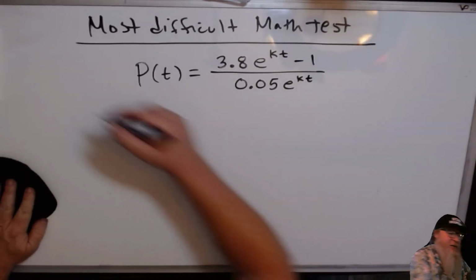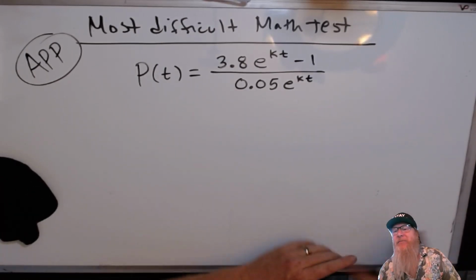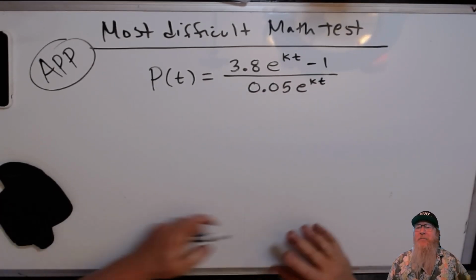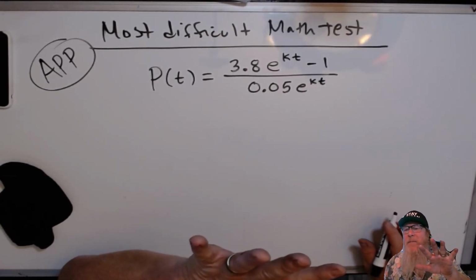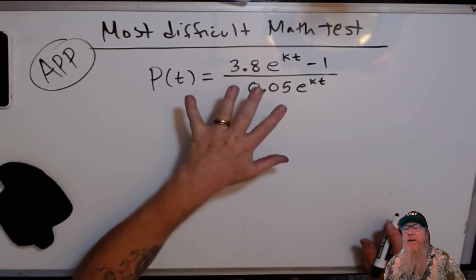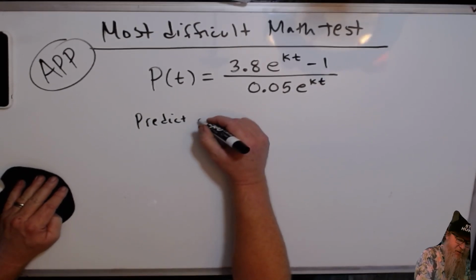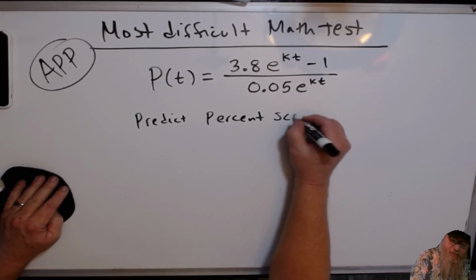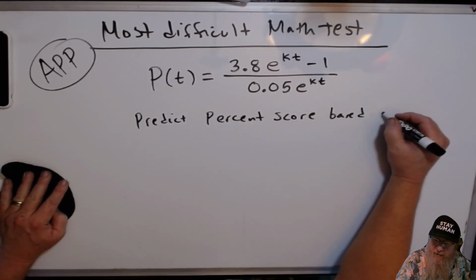This is an application, we'll call this, app. Sorry, there's no money involved in this, but someday there might be. This type of formula could be used to predict other things besides your test score. And so my math professor would use this formula to predict the percentage score based on the hours of study.